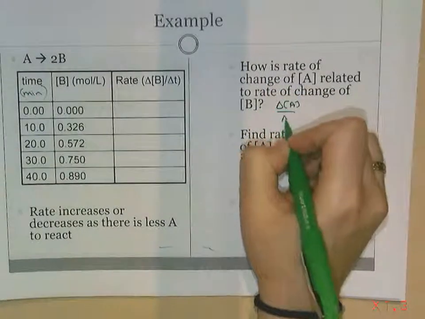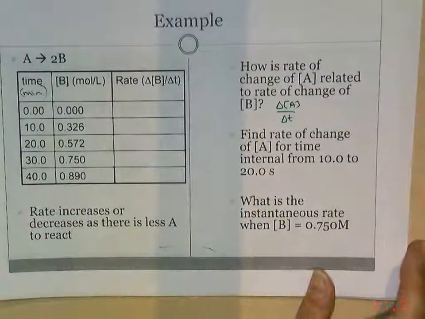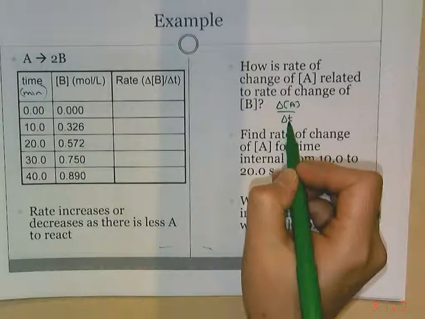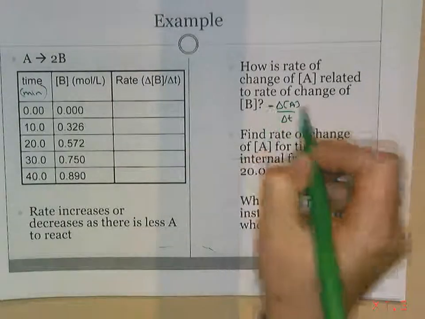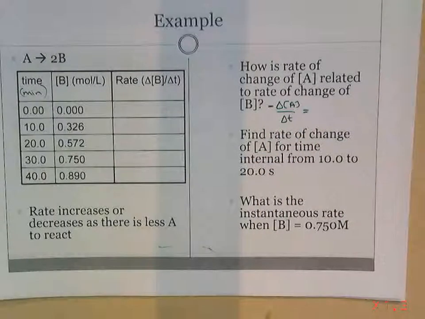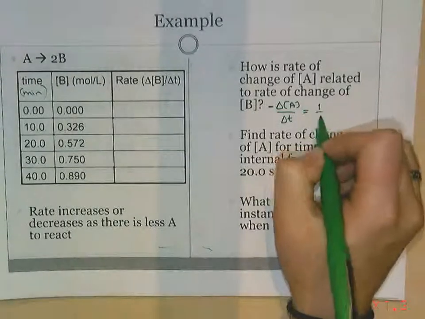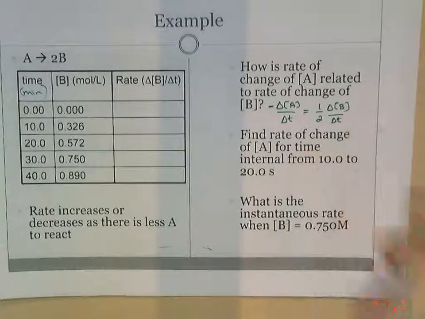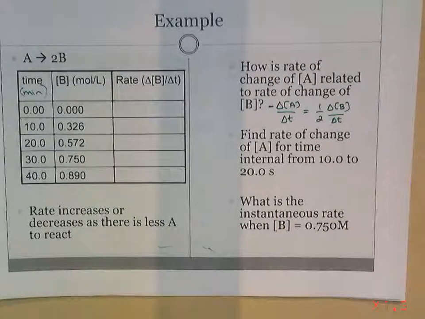What am I missing from my A? If this is true, right? I missed my negative sign. So then what's the fraction that goes with B? 1/2. Right? So the rate of change of A is related to the change of B through this equation.